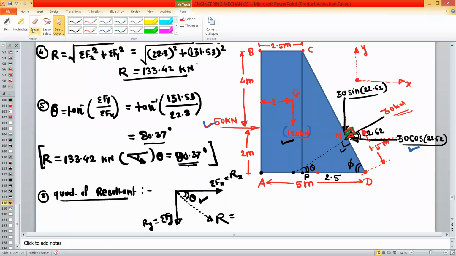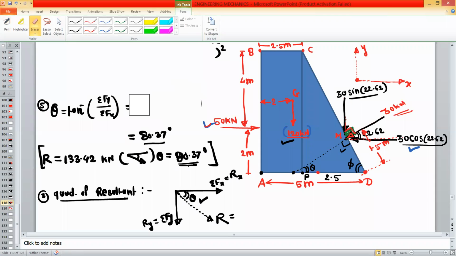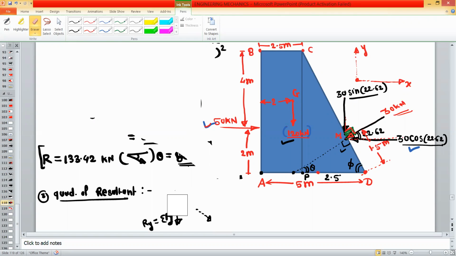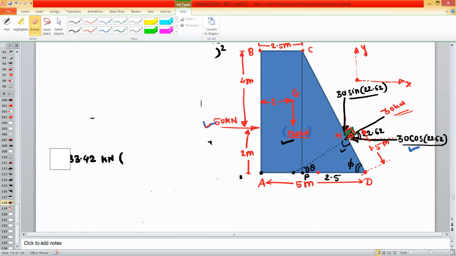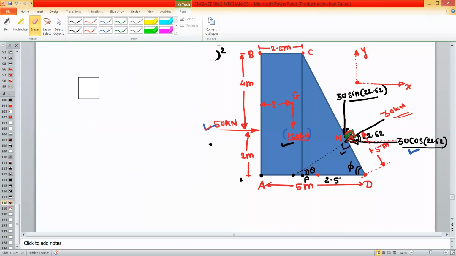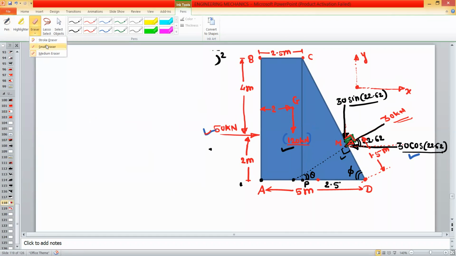So in this diagram, we have to take the summation of moment by all the forces about the point A. So just observe the first force, that is 50 kilonewton.